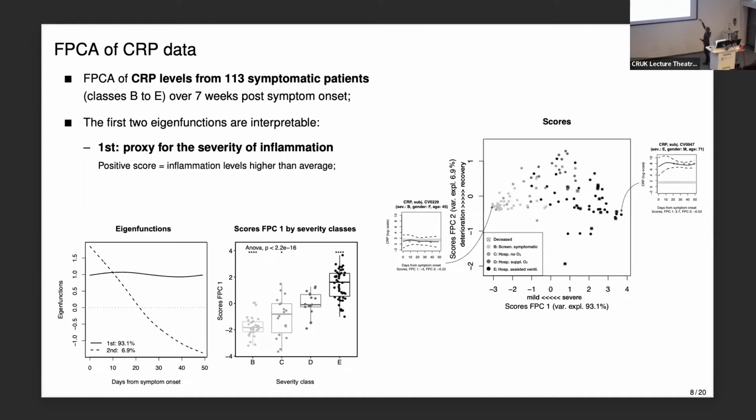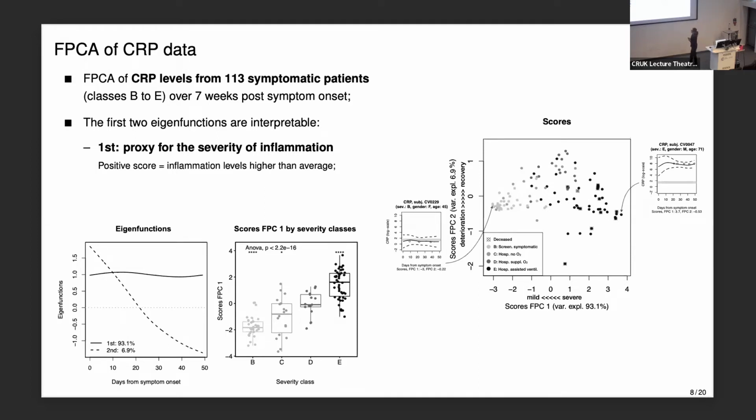Here you see this patient with a large positive score on the x-axis who has high inflammation levels over the whole disease course, while this patient with a large negative score has essentially normal levels. And I should say that there is a horizontal gray band here. This is the interquartile range of CRP levels in healthy controls, so it essentially represents normal inflammation levels.